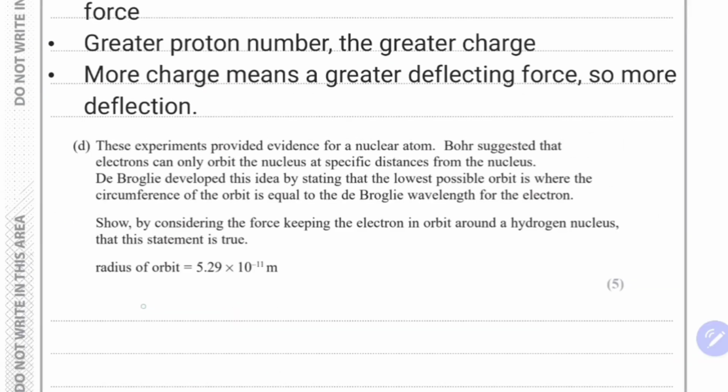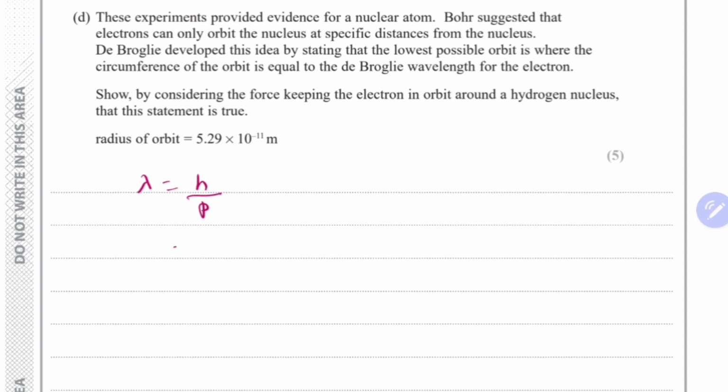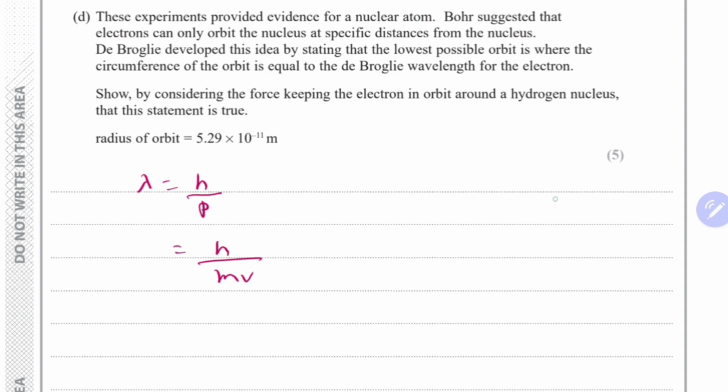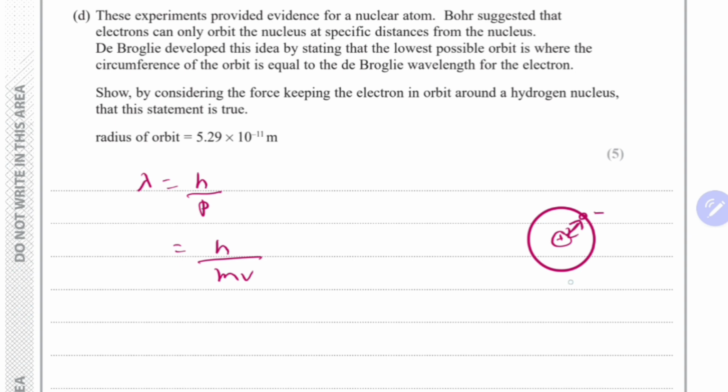The formula we are going to use here is lambda equals h by p. We need to find p, which is mv. We know the m, so we need to find the v here. So first of all, we need to figure out the relation between them. This is an atom, nucleus positive, electron negative. There is electrostatic force between them, and that force is the centripetal force.